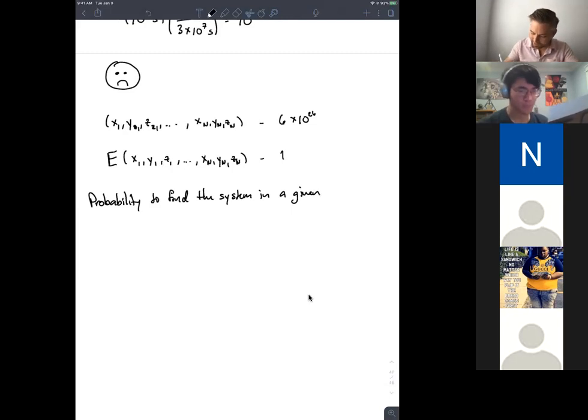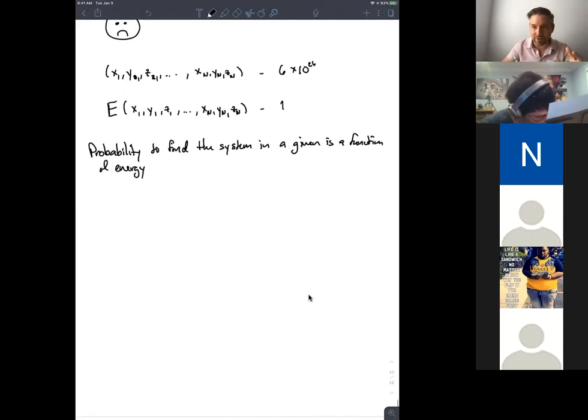So our goal here is to write down some probability distribution function. That function is going to be a function of the energies of whatever states of our system are available to it. The probability to find it in any of those states depends upon what the energy of those states is. So once we find the energies, we know everything.